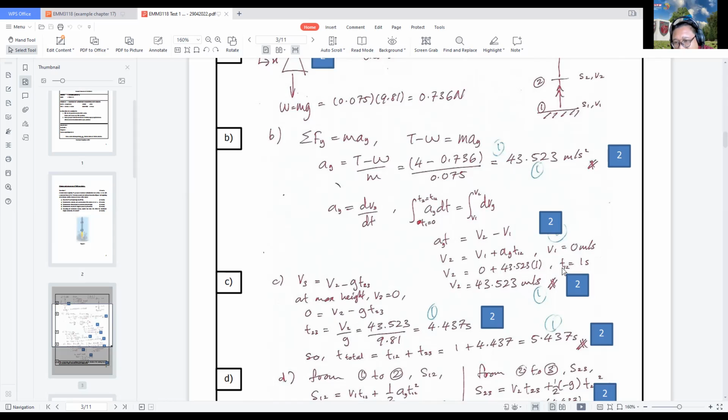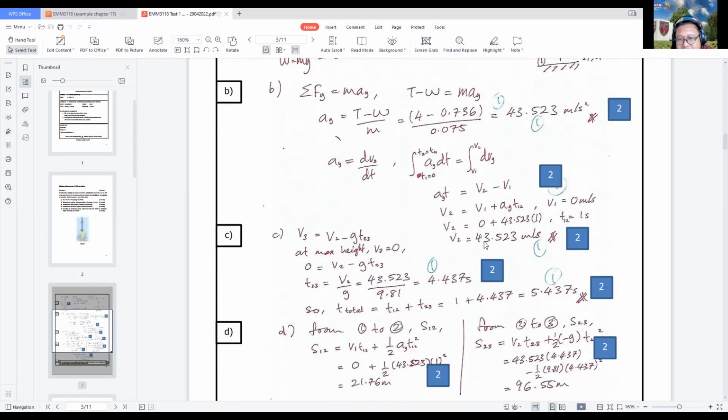That's why I put t subscript 1,2. V2 is equal to 43.523 meter per second. The value is the same because t is equal to 1 second. If t is not equal to 1, then you will have a different value for this one.